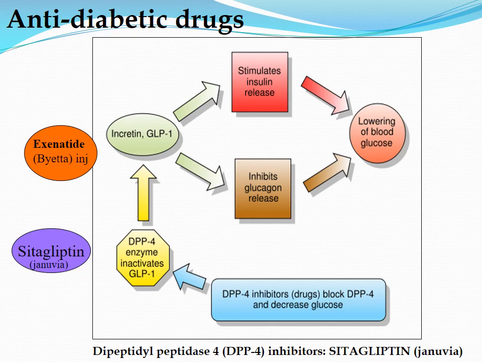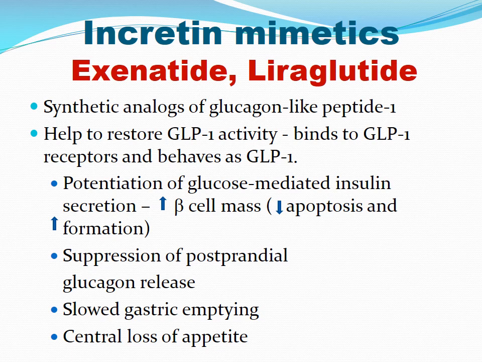These two methods will preserve the action of glucagon-like peptide. The use of incretin mimetics, exenatide and liraglutide, both are synthetic analogs of glucagon-like peptide 1, and they act in a fashion similar to glucagon-like peptide activity.